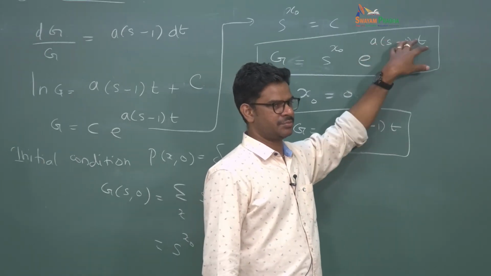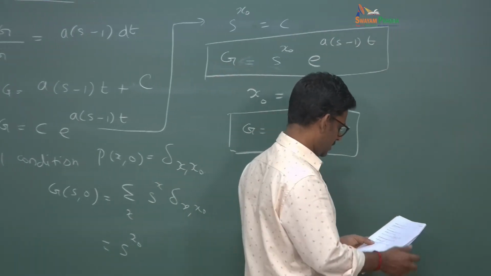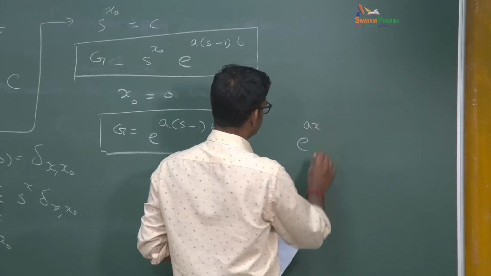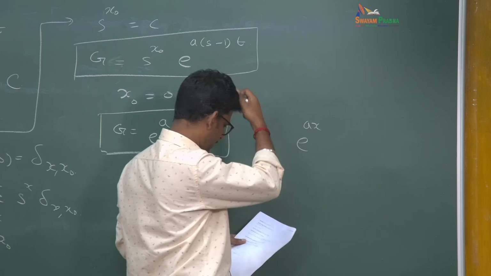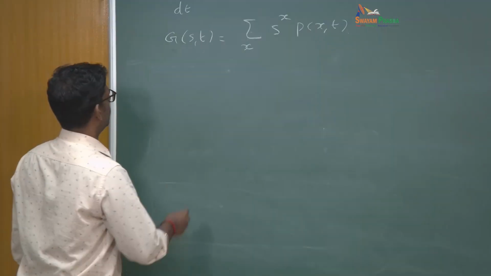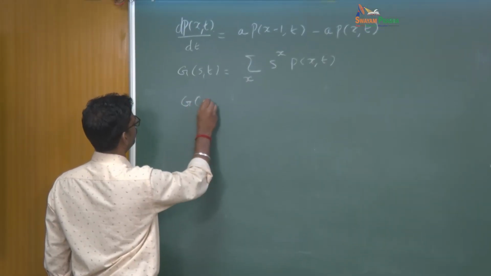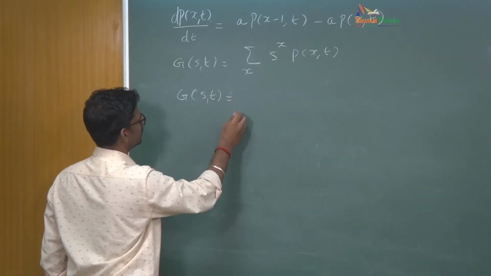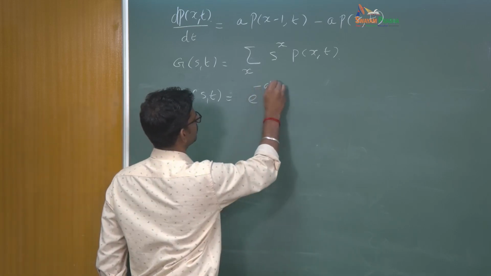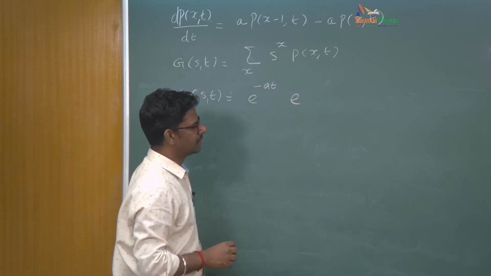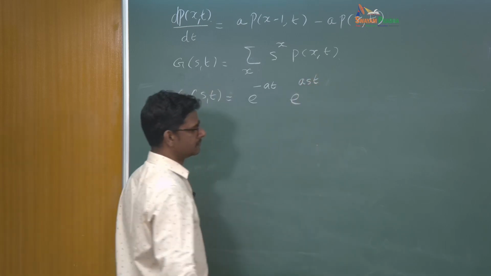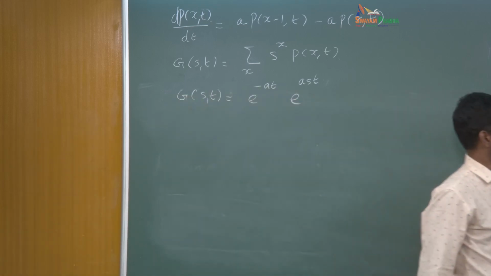I'm going to split up this exponential function. Suppose if I have something like e power ax. So okay, let me first split this into two parts, and then we'll come here. We write g of s comma t is e power minus at times e power ast. Okay, so I'm just opening up this.